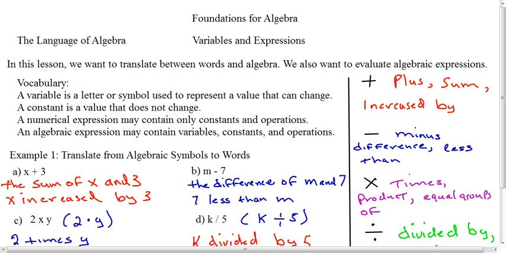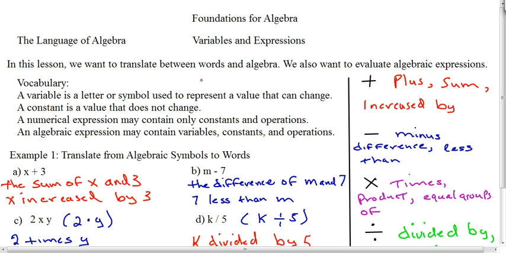Some vocabulary that we need to take a look at are variables, which is a letter or a symbol used to represent a value that can change. It comes from the word vary, which means that it could be something now or it could be something later on.